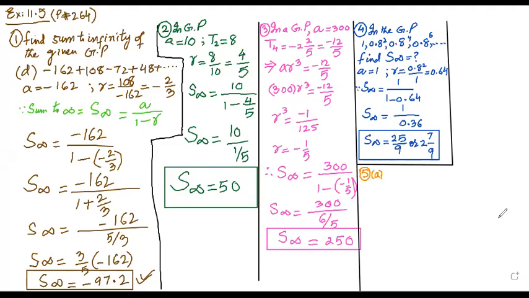Writing the given value, 0.42 with two dots on it, it means that after every two decimal places this repeats.